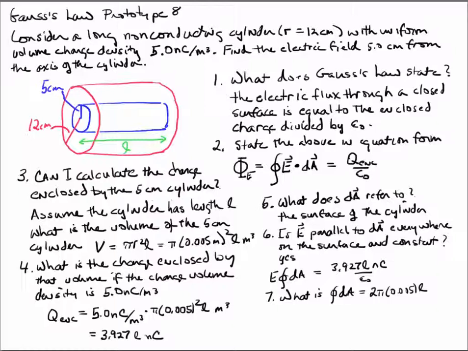It is 2 pi times 0.005 L. It is the surface area of the small cylinder that encloses the charge. Remember, it has got to be a surface that encloses the charge under consideration. It has to have a certain symmetry about it, and it has to be a surface where the electric field is constant or zero.